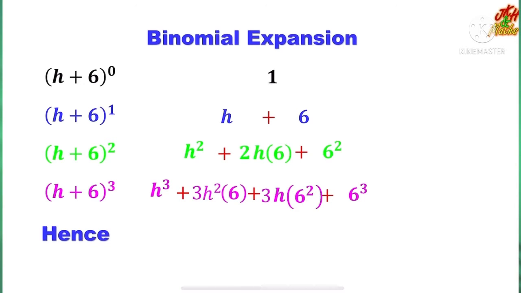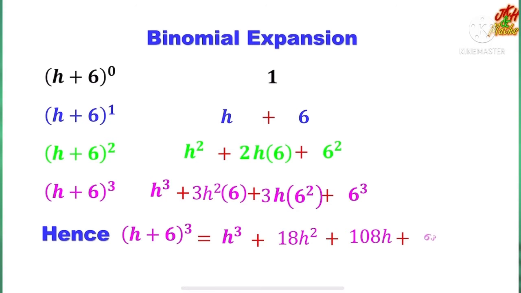Therefore, h plus 6 cube is equal to h cube plus 18h square plus 6 square, which is 36 multiplied with 3, equal to 108h, plus 6 cube. This expansion is specifically known as Pascal's triangle.